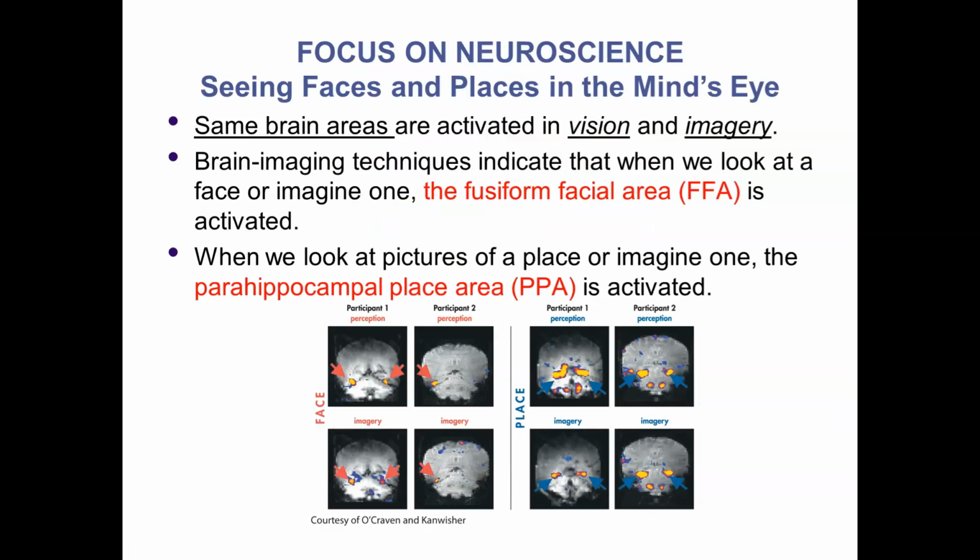Okay, approaching this from a neuroscientific perspective, we want to talk about what happens when we see images, faces, and places in our mental imagination or our mind's eye. There are certain areas of the brain that are activated, in both vision and imagery.